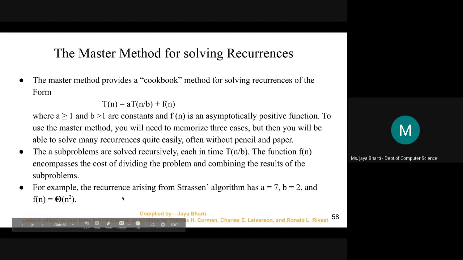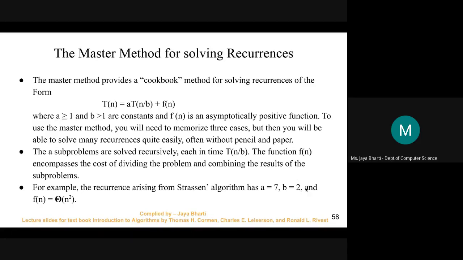For example, the recurrence arising from Strassen's algorithm has 7 subproblems. We have seen that the method using plain divide and conquer has 8 subproblems, but the method using Strassen's algorithm has 7 subproblems, and each subproblem is of size n/2.